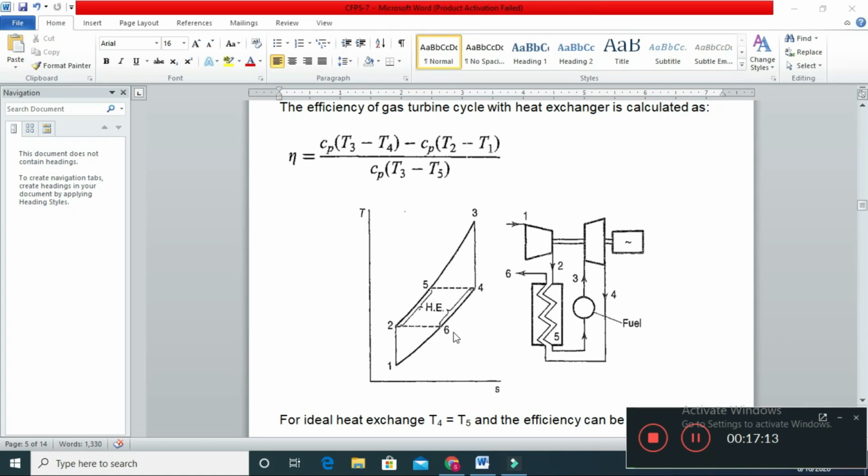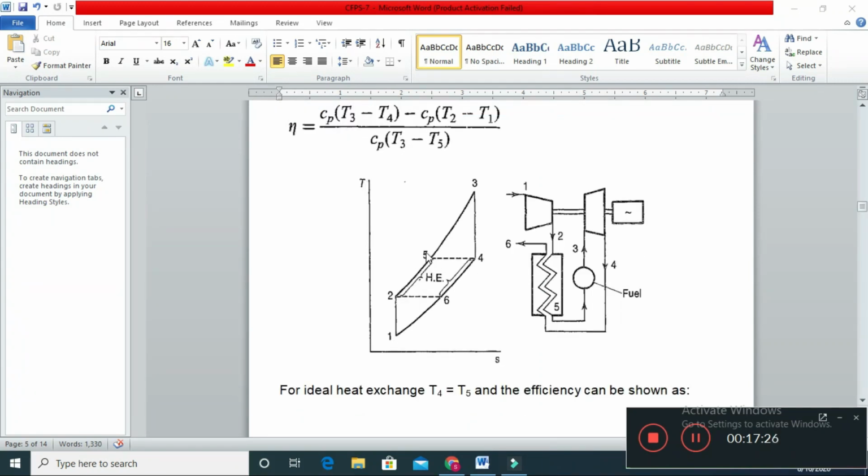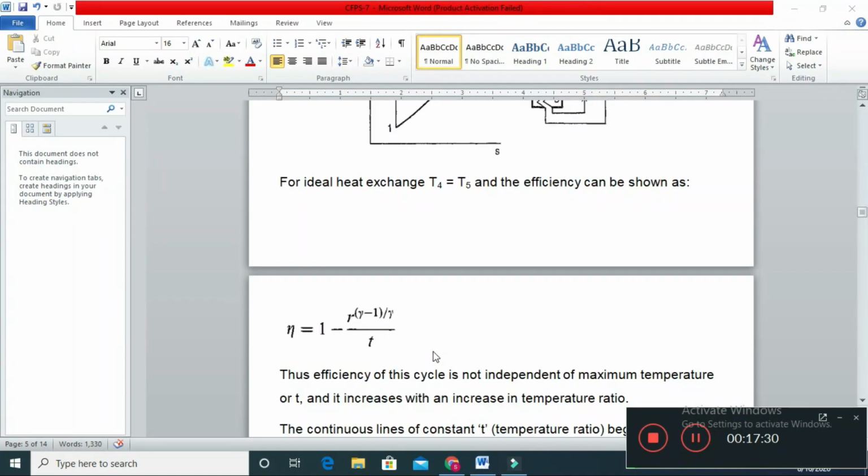Similarly, the temperature of the gas after the heat exchanger is same as the temperature of the air from the compressor exit. So when T5 is equal to T4, T2 is equal to T6, we can have a simple relation for the efficiency.